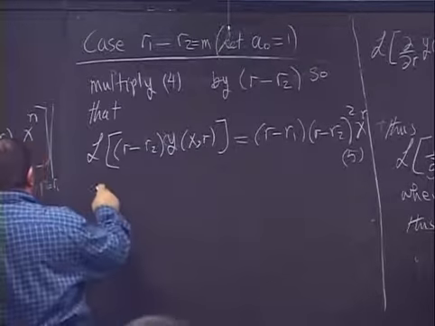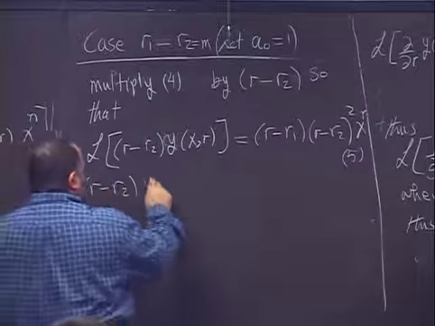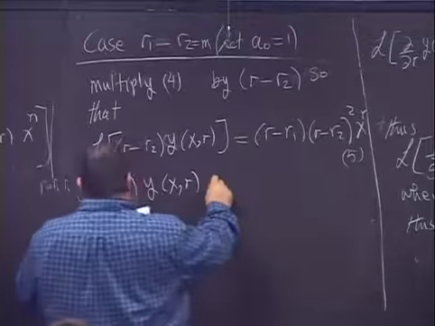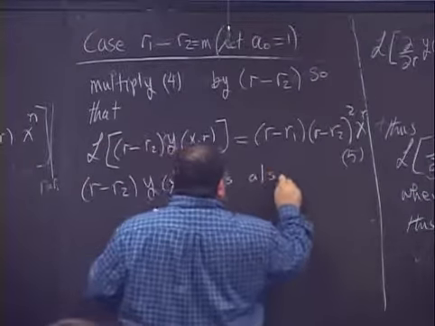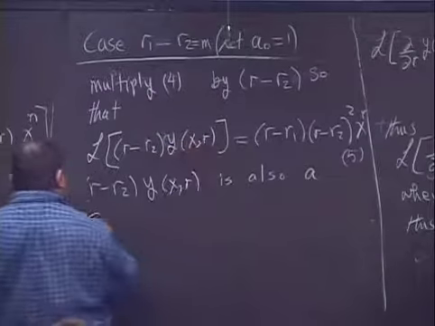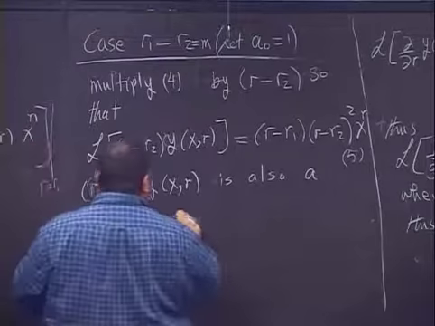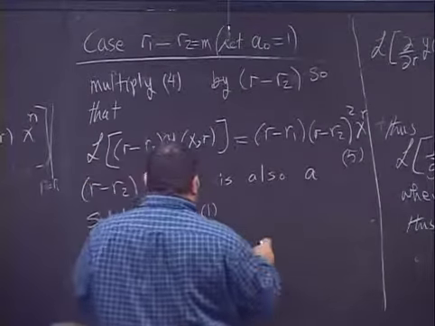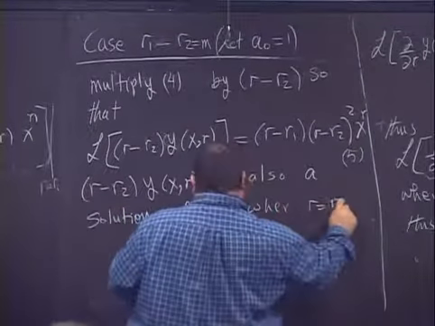You will notice that r minus r2 multiplied by y of x and r is also a solution of 1 when r equal to r2.